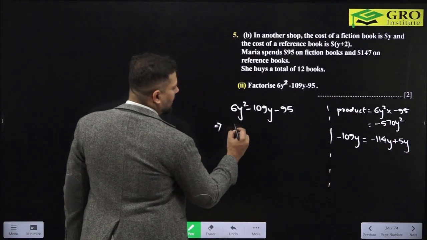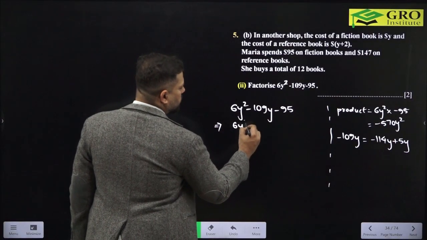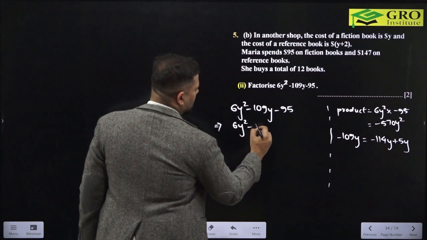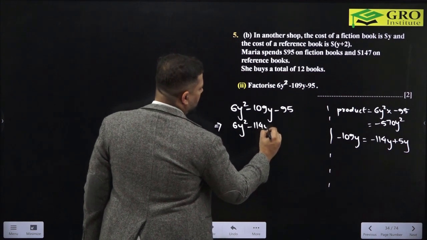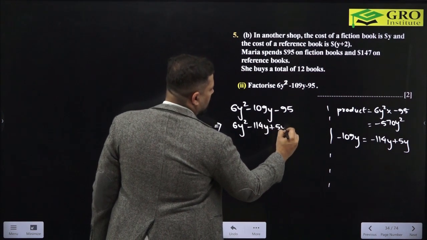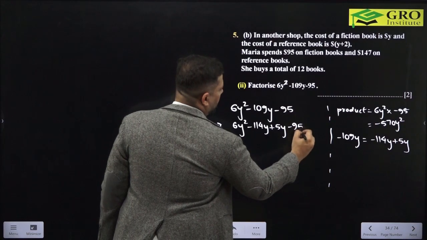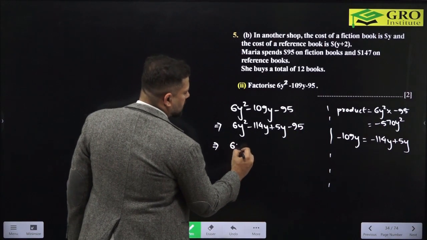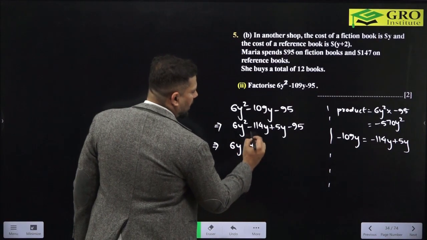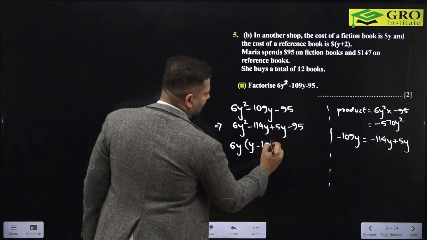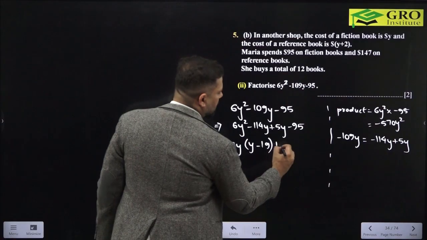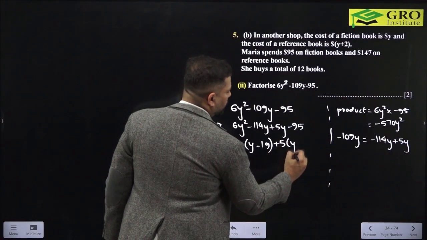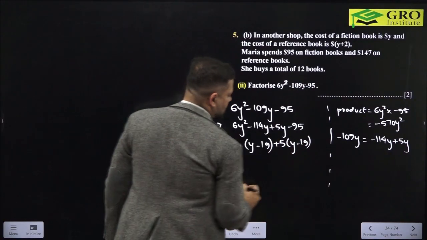So we will write it as 6y square minus 114y plus 5y minus 95. So here I see that we can take out 6y common. We are left with y minus 19, and from here we can take out 5 common. So we are again left with y minus 19.